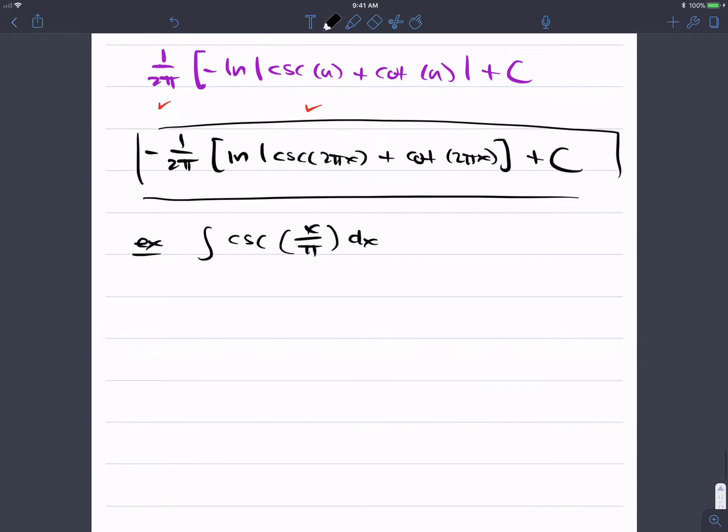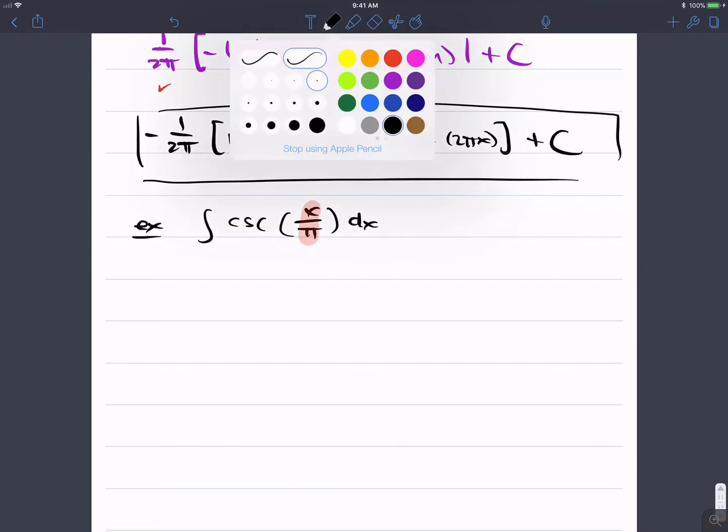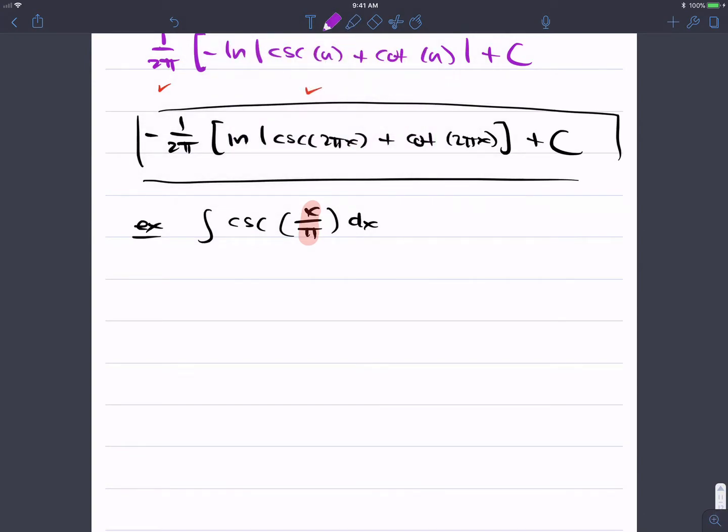Let's see how this works again. Notice I don't have x, I have x over pi. So again, by u substitution, our u becomes x over pi.